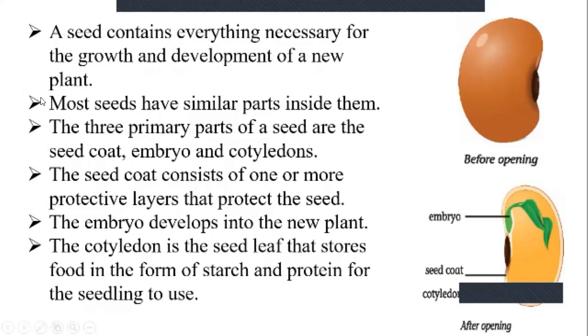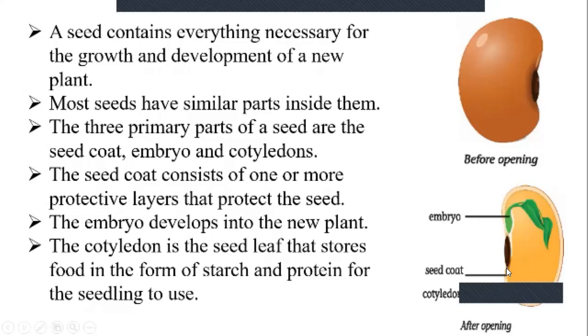Now we learn that most seeds have similar parts inside them, and how the seeds go through various stages as they grow and sprout and become a young plant. Now we are going to learn there are three primary parts of a seed. The first is the seed coat. Look at the outer covering of the seed.